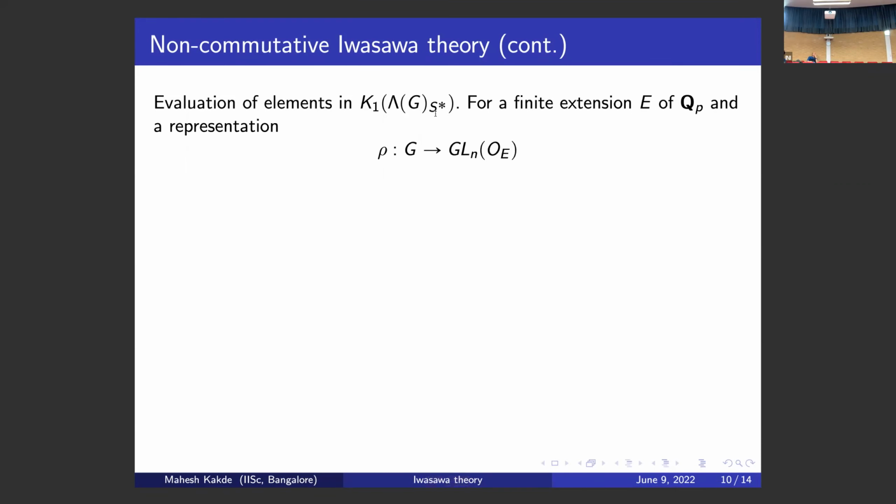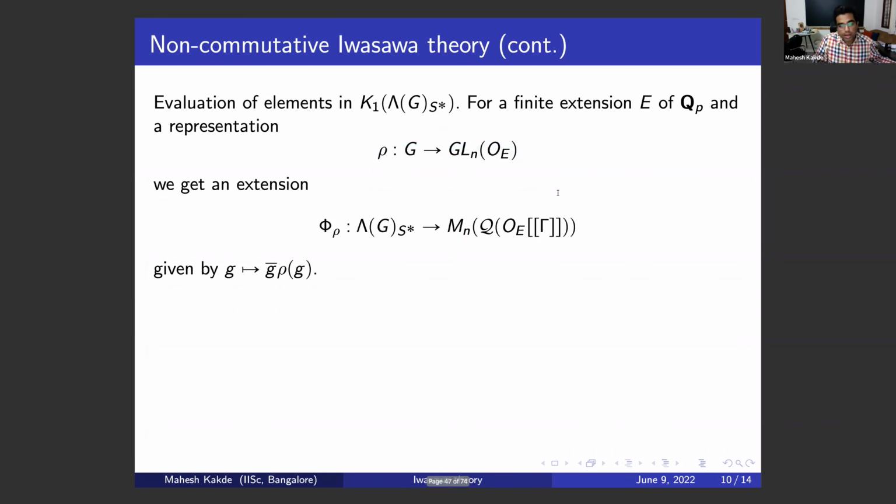So yeah, this is the third reason why this S-star is a nice group. If you have any representation rho, because G is compact, it will take values in a finite extension of Q_p, and you can always take an isomorphic one which actually takes values in the ring of integers of that finite extension. So you're not losing any generality by assuming that rho takes values in GL_n(O_E).